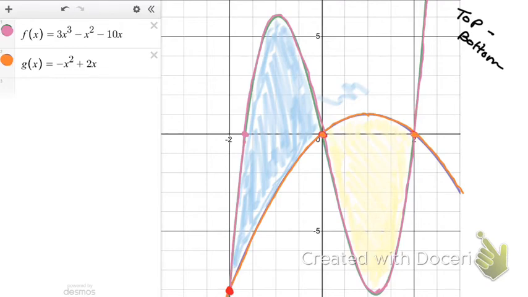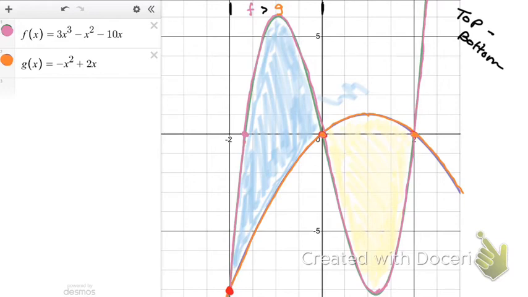I know that doesn't hold true all the time, so that's why I write it or think about it like top minus bottom. So from -2 to 0, f is bigger than g. The pink function is larger than the orange function, right? F is bigger than g. So in that integral, f should be first, and I should subtract g from it.